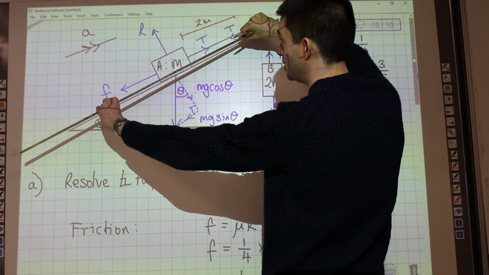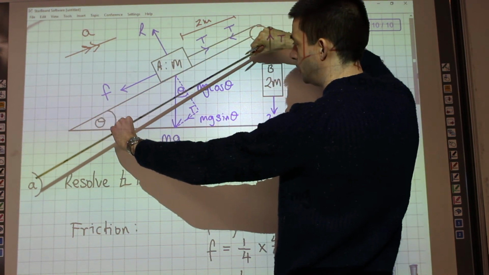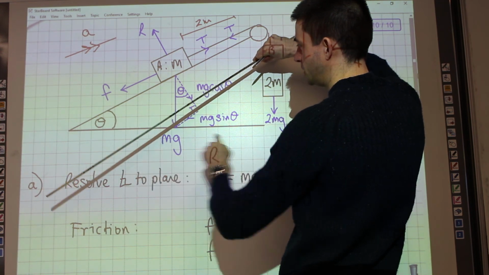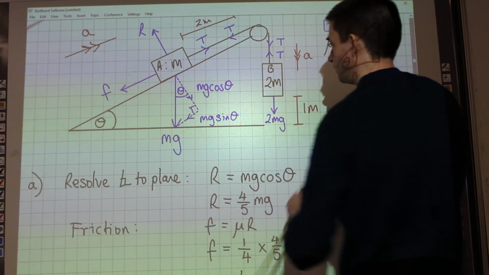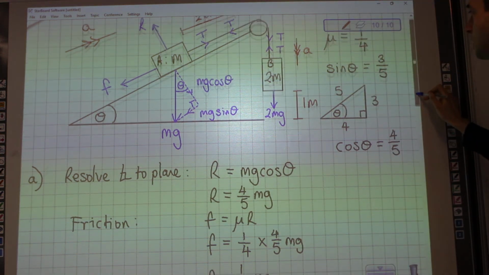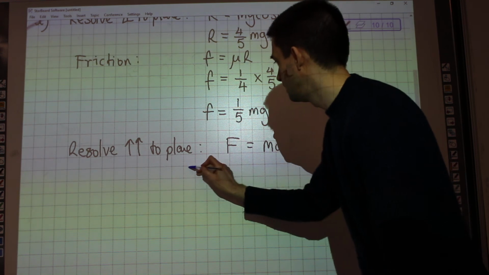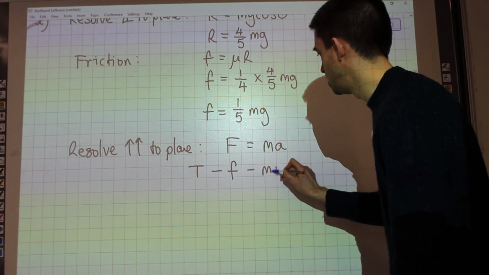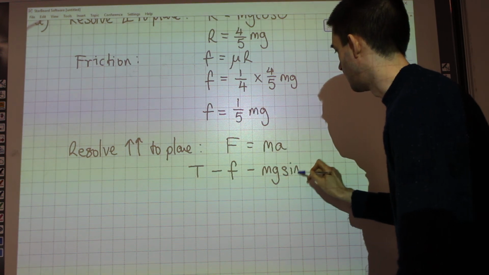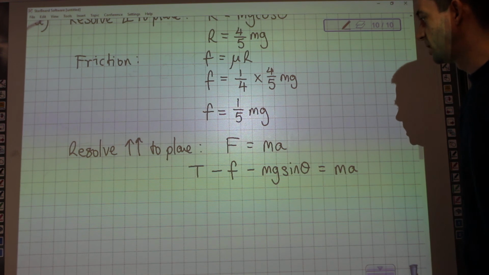So T is pulling it up, friction is pulling it back, and look, that weight component down the slope that everyone always forgets, mg sine theta. So my resultant force equation for particle A: T minus friction minus mg sine theta equals mass times acceleration.